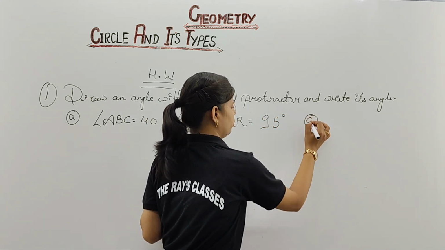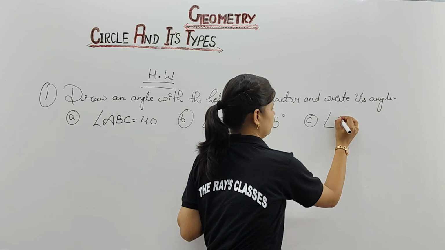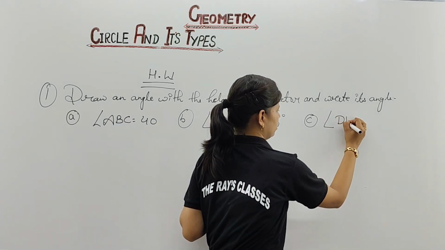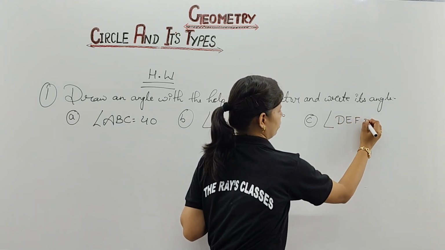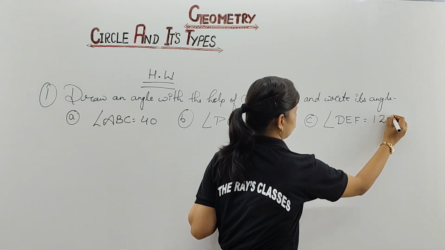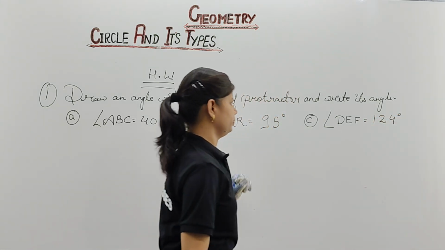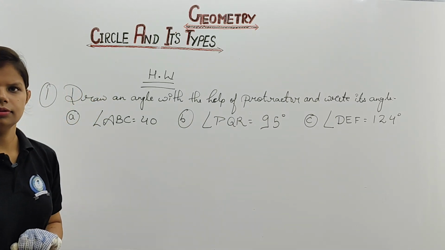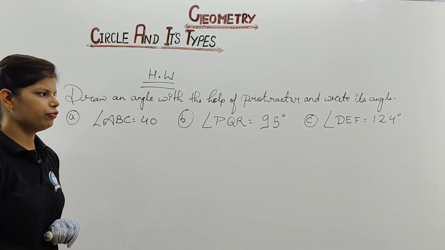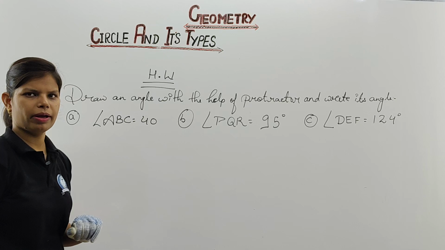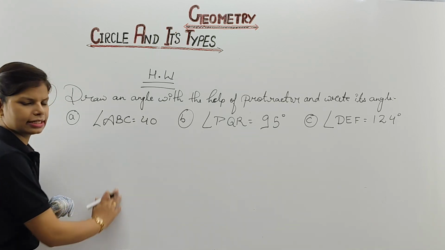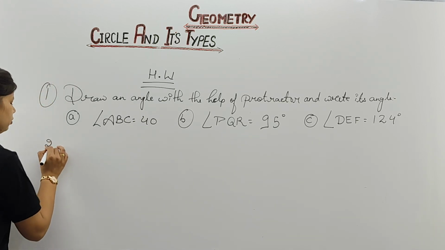And last will be your angle DEF equal to 124 degree. Clear? That you have to go with. To get my point, these are the first question, and second which I am going to give you from here.